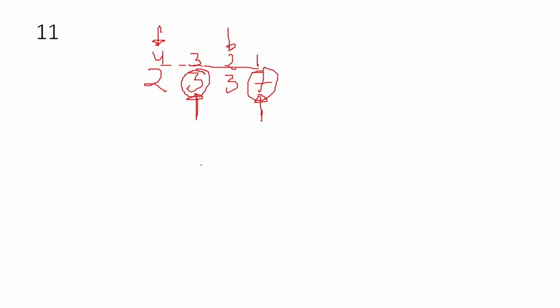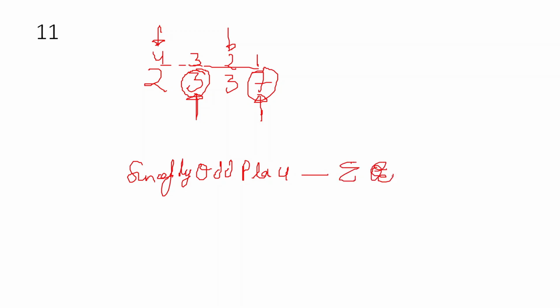Now the second step is to take the sum of digits at even place and odd place. So the sum of digits at odd place minus the sum of digits at even place. Remember, this order will always remain the same: odd minus even, not even minus odd.